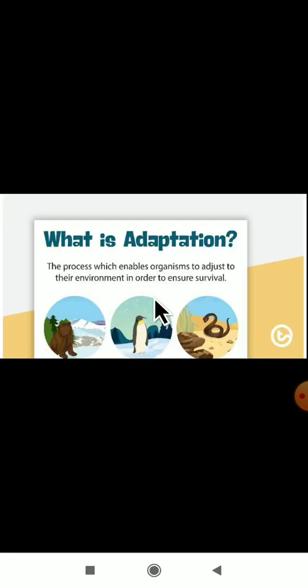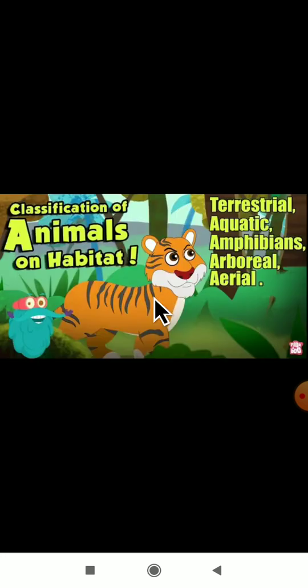Then what is adaptation? It is the process which enables organisms to adjust to their environment in order to ensure survival. Classification of animals on the basis of habitat: how are the animals classified? They are classified into terrestrial, aquatic, amphibians, arboreal and aerial animals.